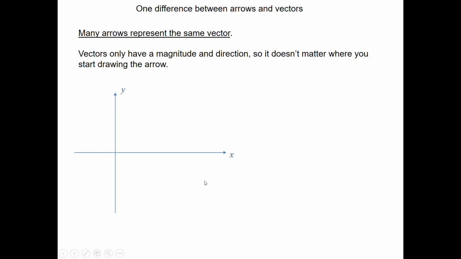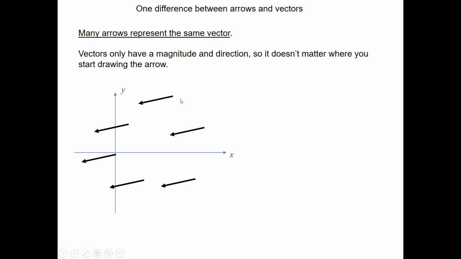So if I'm going to draw a particular velocity vector here in the xy plane that has a certain magnitude in a certain direction, we should think of these as all different arrows, but they all represent the same vector. When we have an arrow that represents a vector, we're always free to move it around to some other location in the xy plane, and we can rest assured that we haven't changed the vector at all, because when I move it from here up to here, I haven't changed the magnitude or the direction of the arrow.